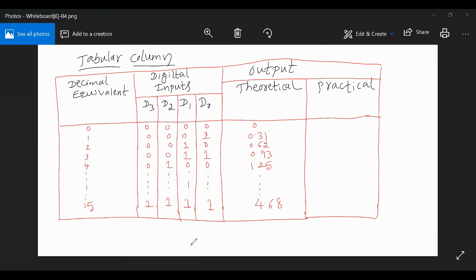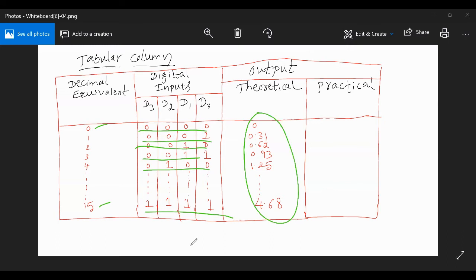Now the bits are configured like this in terms of digital inputs, and finally 1, 1, 1, 1. And these are the theoretical analog outputs obtained for different possible digital inputs.